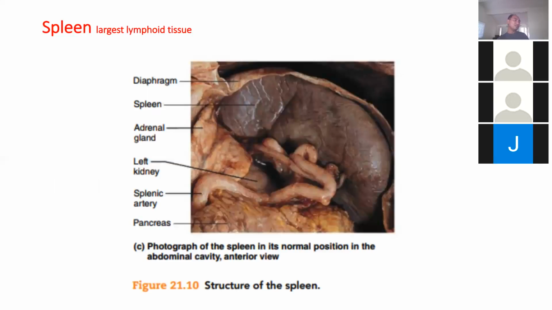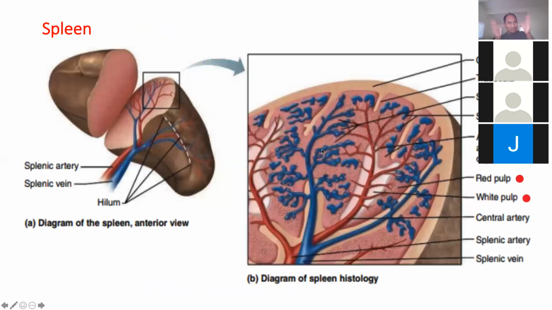This is the spleen. Look at the splenic artery, which is a very big, large, dilated, tortuous artery going to the spleen, arising from the celiac trunk. The celiac trunk is the first unpaired blood vessel from the abdominal aorta. If you split the spleen, you can see the red part and the white part.